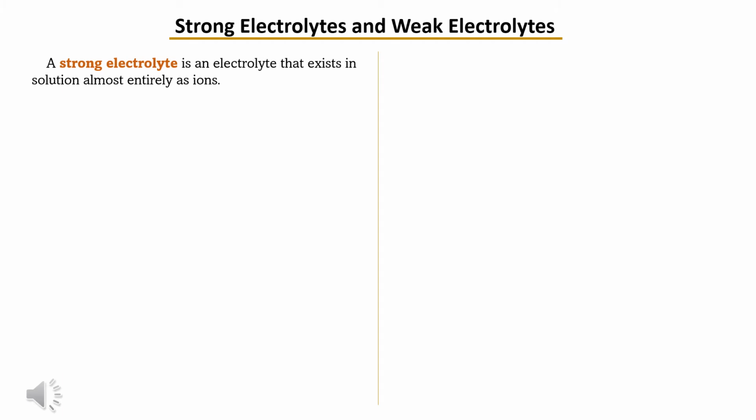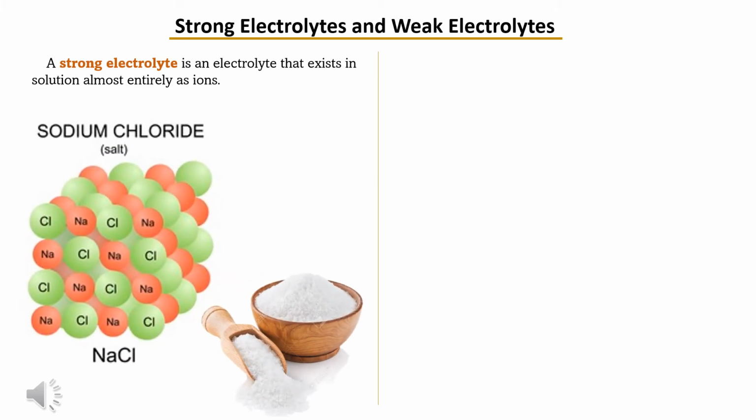Most ionic solids that dissolve in water do so by going into solution almost completely as ions, so that is why they are strong electrolytes. An example of this is sodium chloride, and we can represent the dissolution of sodium chloride in water in the following equation.